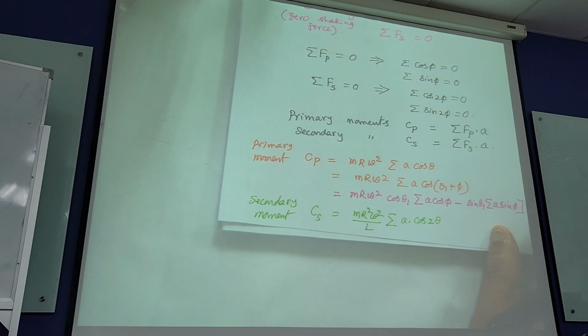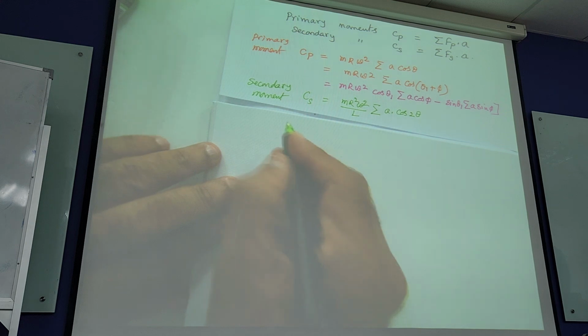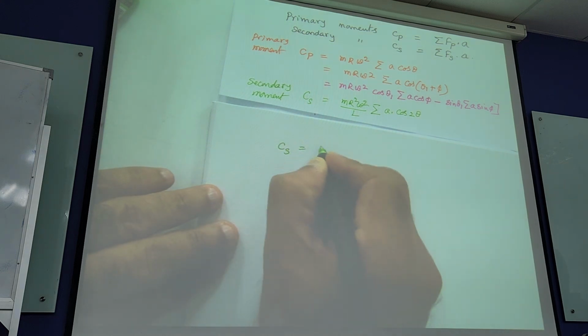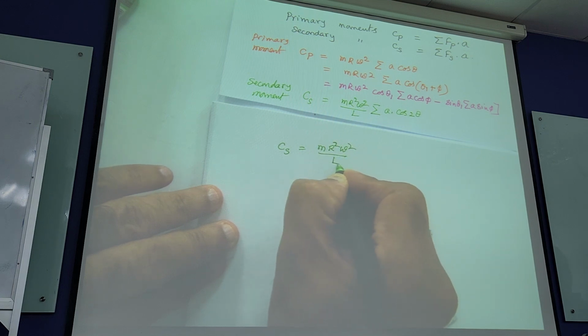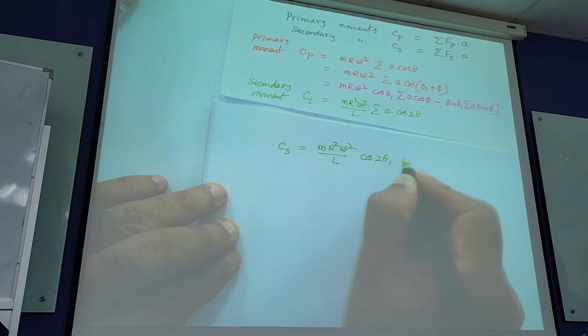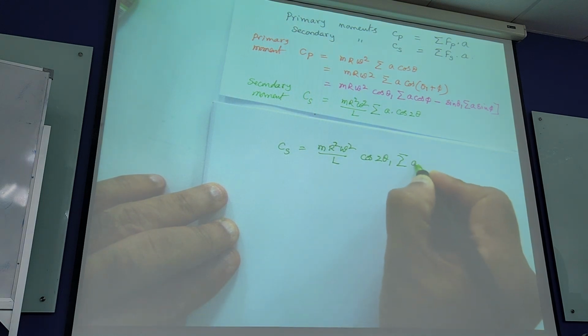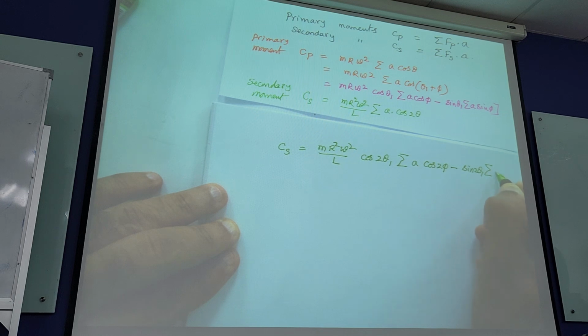Now you can write the same thing and expand this. So we can write Cs is equal to m r square omega square over L, cos 2 theta 1 sum of A cosine 2 phi, minus sine 2 theta 1 sum of A sine 2 phi.